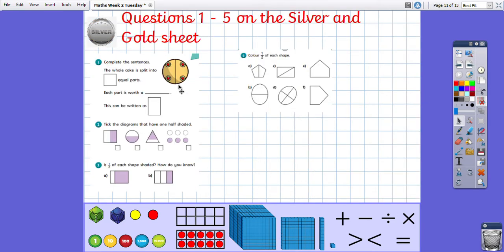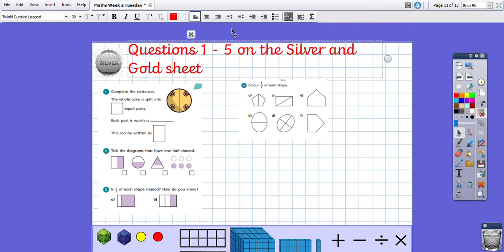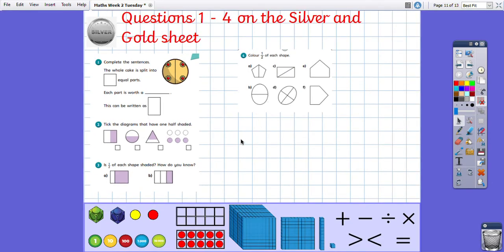Silver, you are doing questions 1 to 4 on the silver and gold sheet. So you just need to answer these. You've got some tick questions, some colouring questions. I want you to try really hard with these.